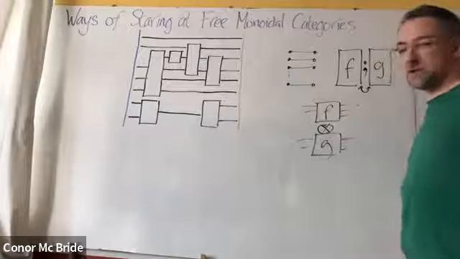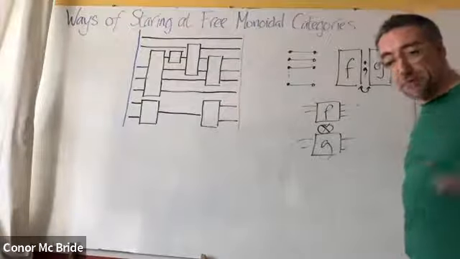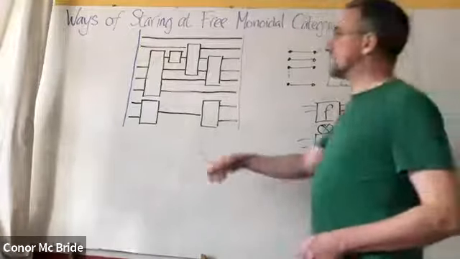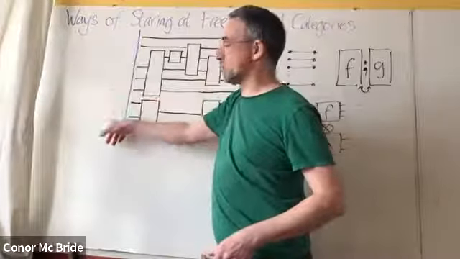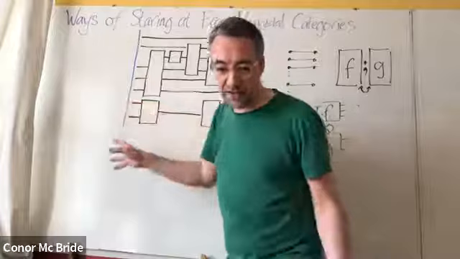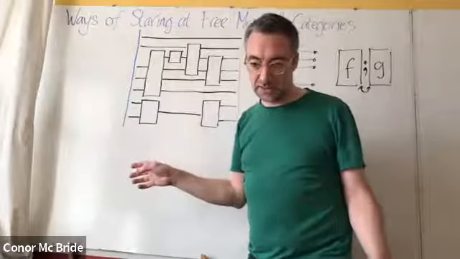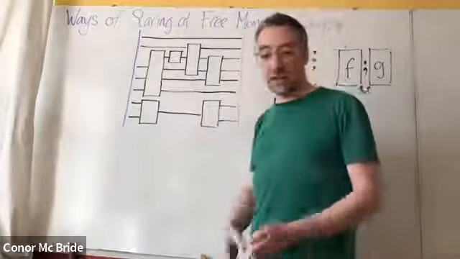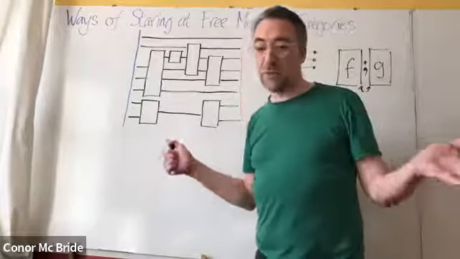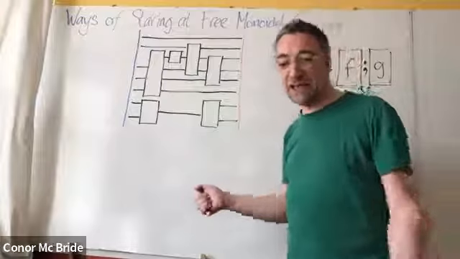So the objects of this category are really the sequence of sorts that establish the connectivity of the circuit. That's to say, monoidal structure shows up again in the objects.